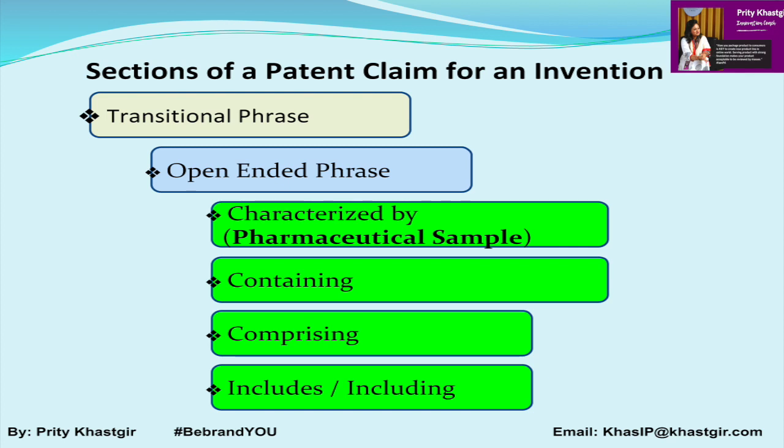Generally try and use characterized by for pharmaceutical patent drafting if it is being asked in the Indian patent agent examination. Otherwise, try and stick to the word including from the point of view of scoring better marks in the examination. So the open-ended transitional words generally are comprising, including, containing, characterized by.